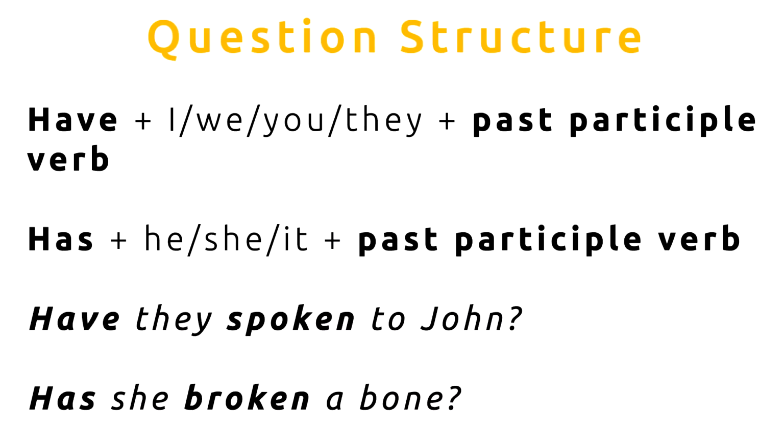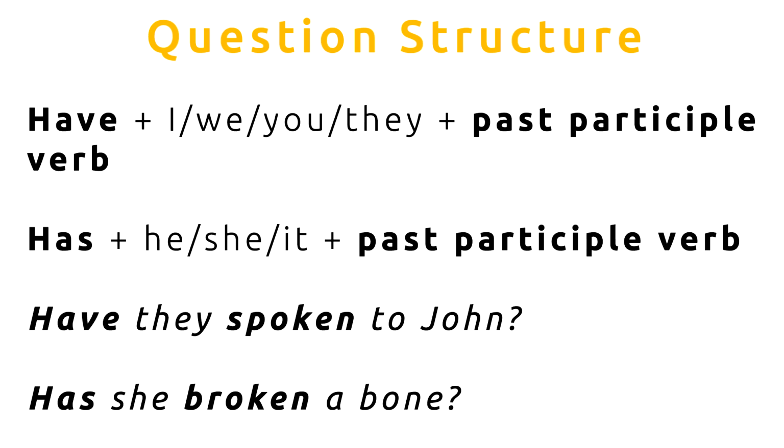Here is the question structure. We form the questions like this. Have plus I, we, you, they, plus a past participle verb. Another form is has plus he, she, it, plus a past participle verb.